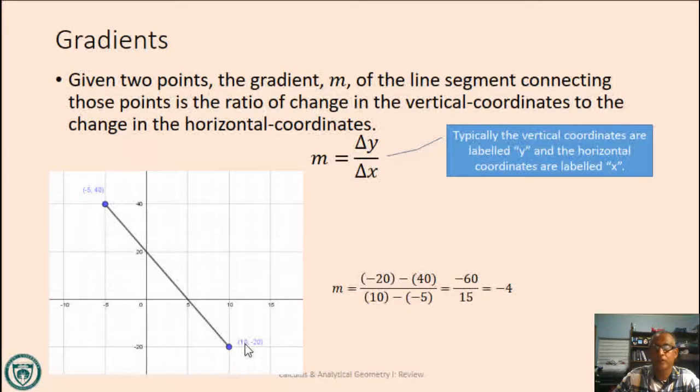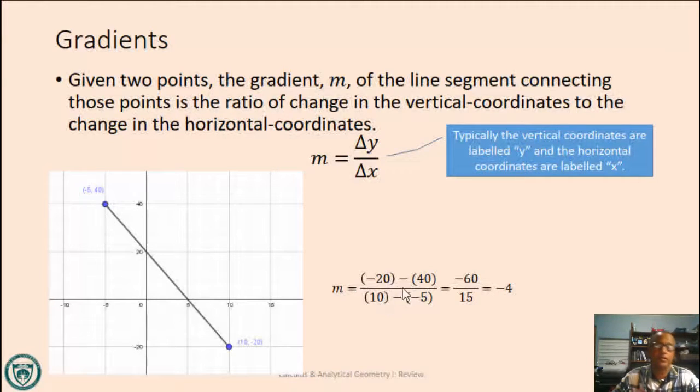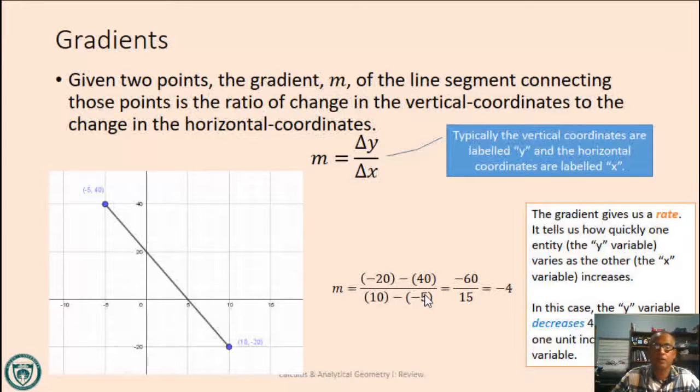So just be consistent. For example here, you could not have said minus 20 minus 40 and then put minus 5 minus 10, because you have already decided that this will be your final value of x, so then this has to be your final value of y.